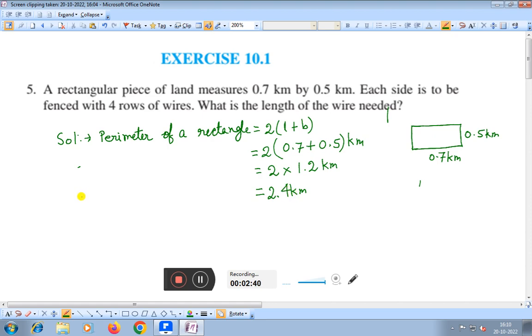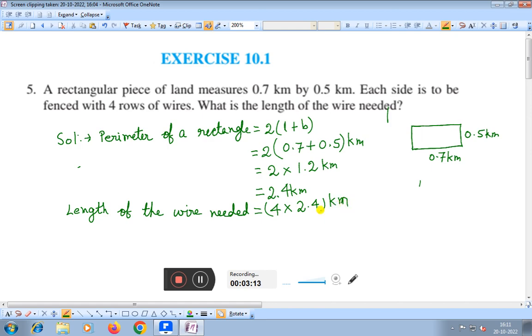Therefore, length of the wire needed is equal to 4 into 2.4 kilometer, right?